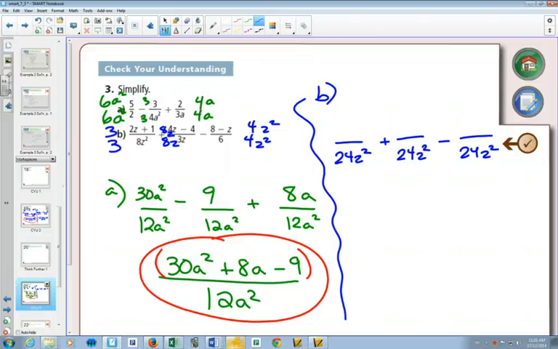24 minus 24. There's our common denominator. And again, we have to think of those like that.